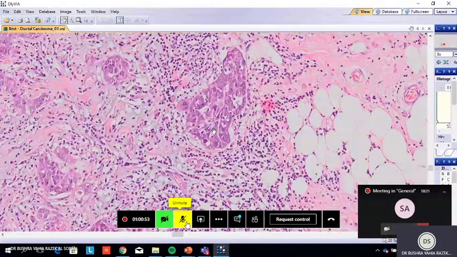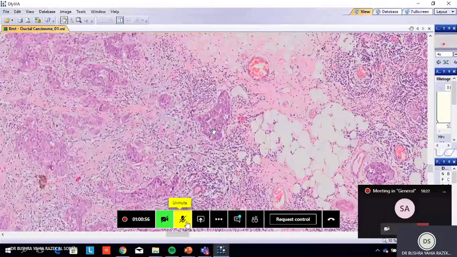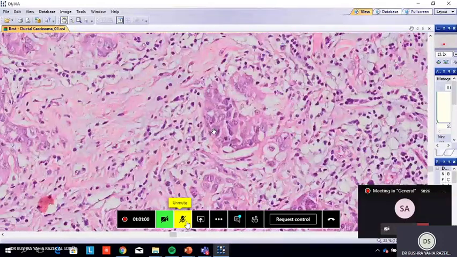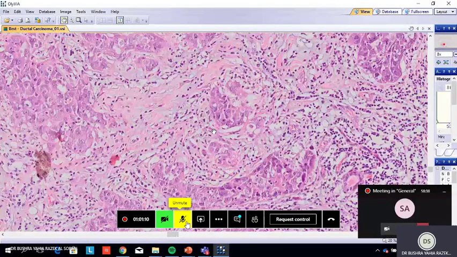See? Here, see? Can you see this one, already disconnected from the original one and started invading the surrounding? This also, the irregularity means invading the surrounding tissue.